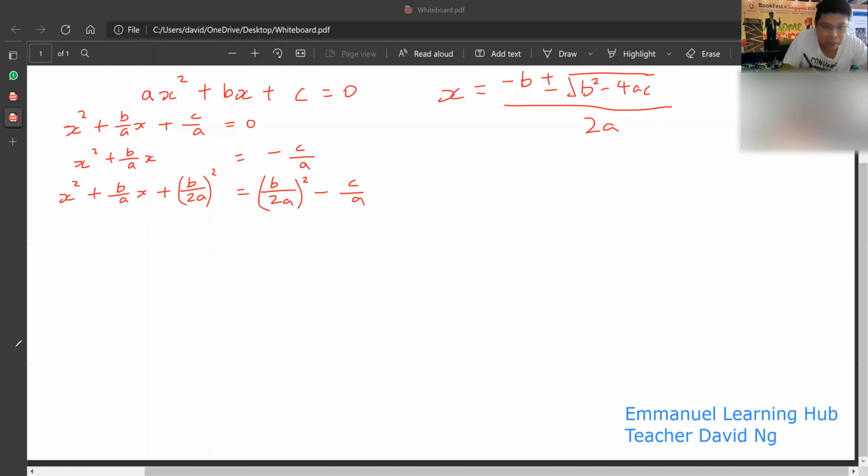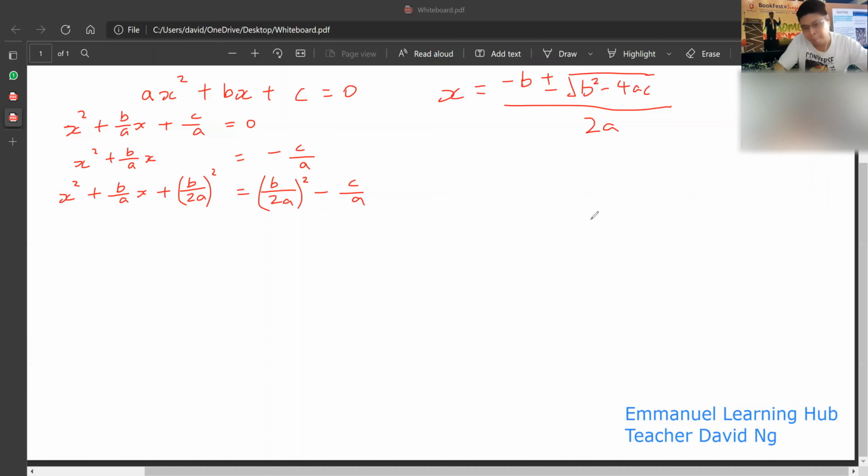Okay, this step, do you understand what I'm doing? No. How come suddenly there's a b over 2a square? Okay, this part here, I'm trying to create this fellow. I'm not going to use A, B, C here.